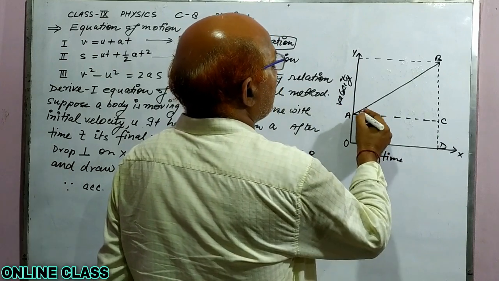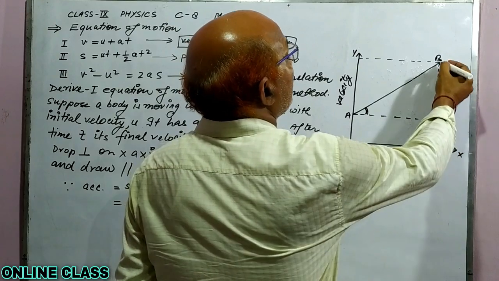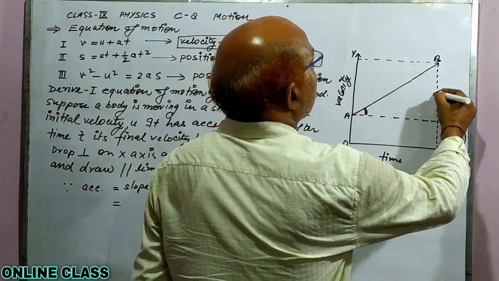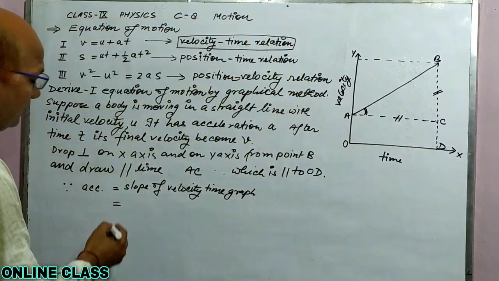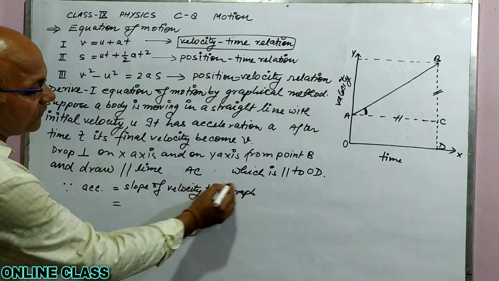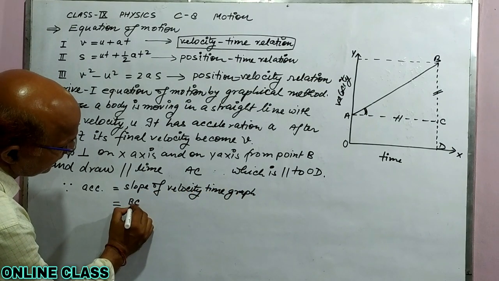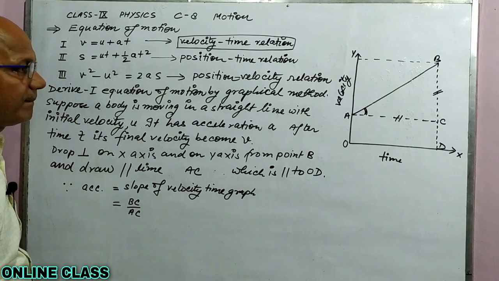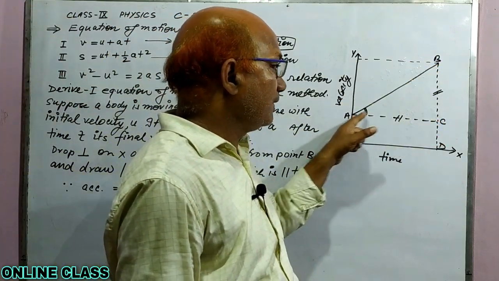So this is the slope, it means BC upon AC, where BC is perpendicular and this is base.